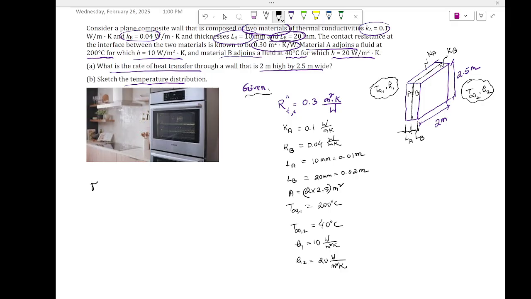So they're asking you to find two things. First, the value of the heat rate through the wall, and then sketch the thermal circuit.